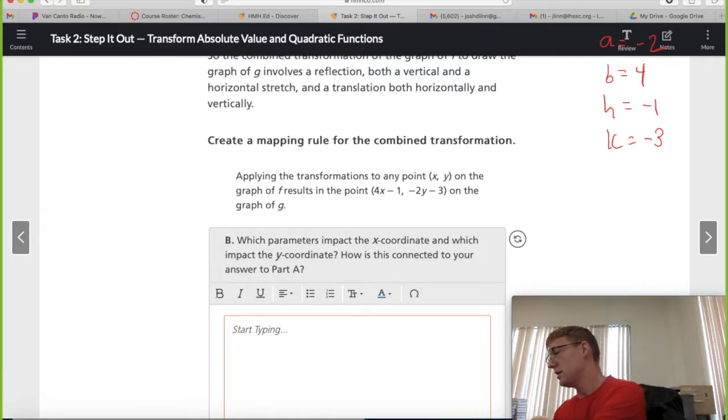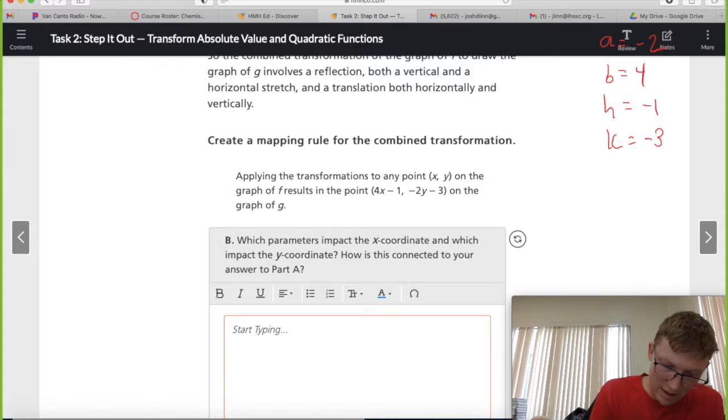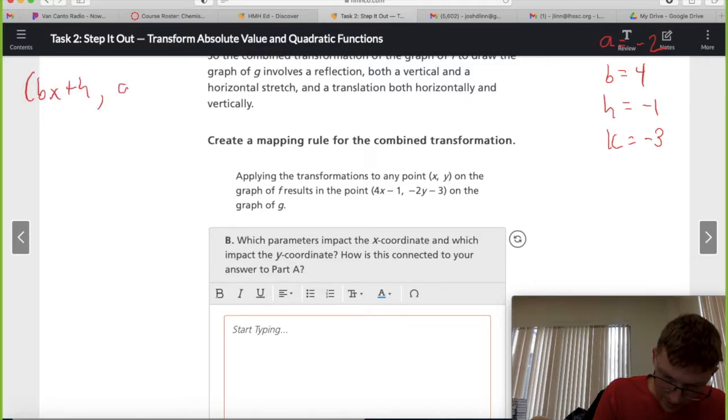Or if you're more of a memorizing type of person, earlier in our last section, I had to write it down because I don't memorize it very well. We had this little thing that they secretly gave us: bx plus h, ay plus k.